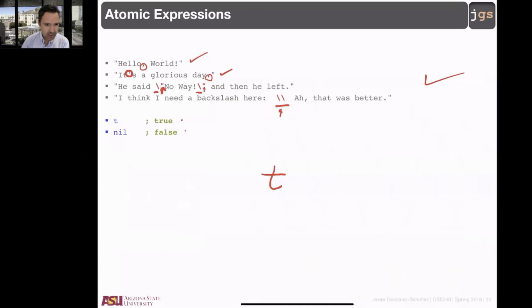Just like in C or C++ it was the 1, and just like in Java it was the keyword true. The keyword true does not exist in Lisp. True as a keyword, true as a value, does not exist in Lisp. In Lisp you have T, in C++ you have 1, and in Java the keyword true.